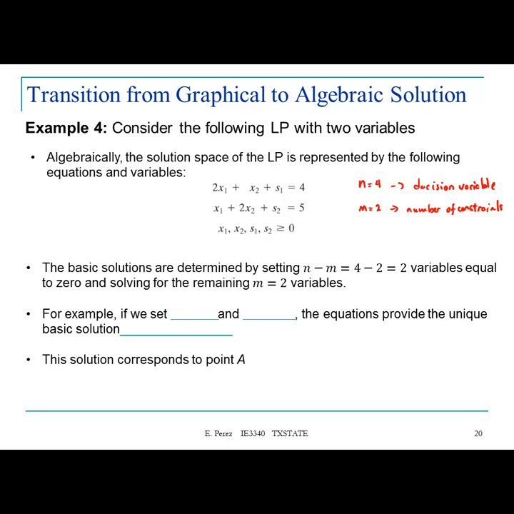So for example, if we set x1 equals 0 and x2 equals 0, the equations provide the unique basic solution s1 equals 4 and s2 equals 5. So we make these two decision variables equal to 0, x1 equals 0 and x2 equals 0, and you end up with a basic solution in which s1 equals 4 and s2 equals 5.